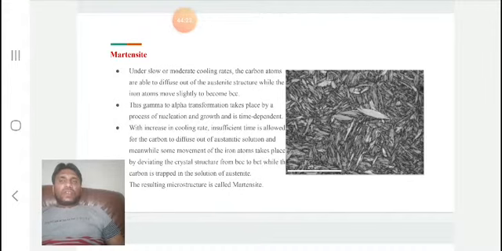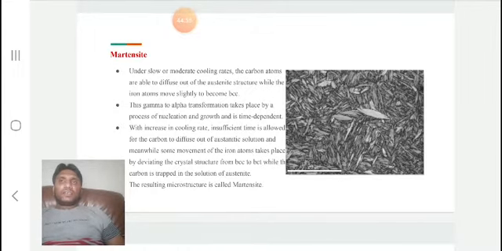To transform the entire austenite into martensite, we need to quench the austenitic phase to below 200 degrees centigrade, where the entire austenite will transform into martensite. Just above the martensitic transformation, if we quench the material at that particular temperature, then the structure we get is bainite. So these are the two structures which have high strength and hardness.